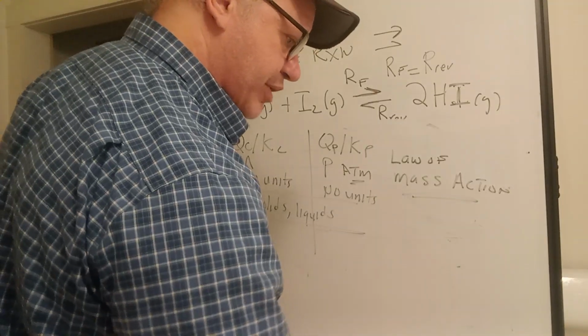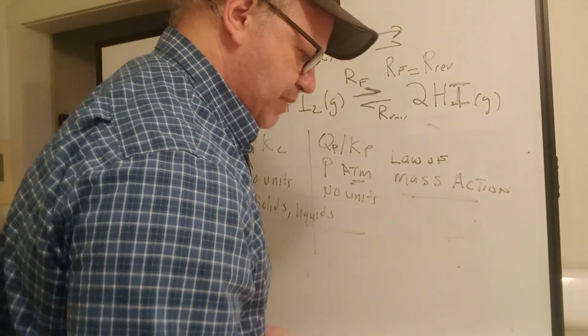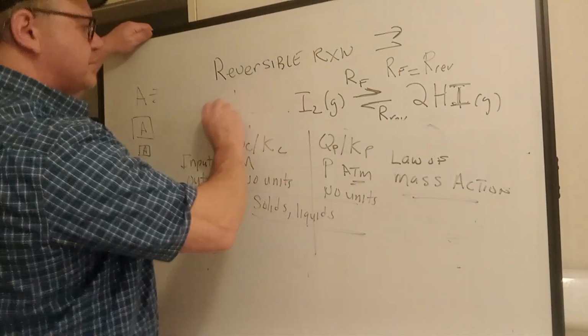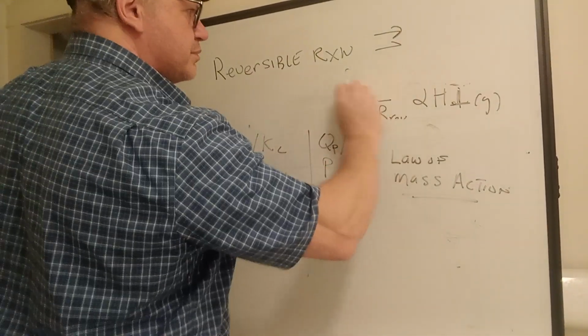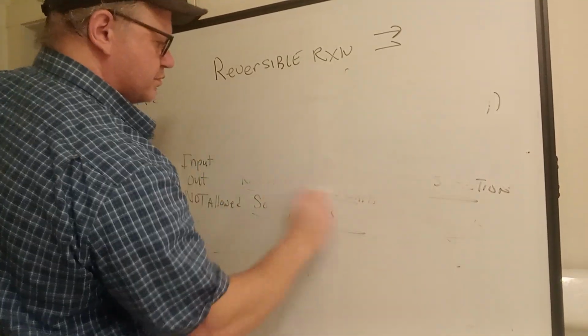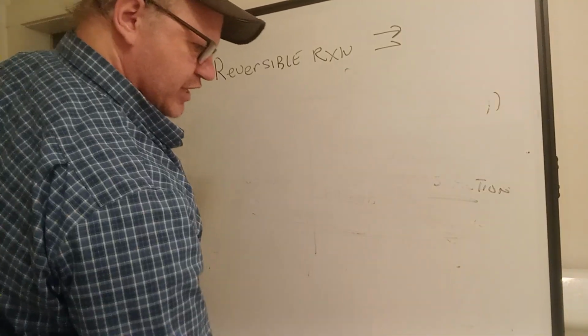Let's give an example where you can see that real clearly, because solids and liquids not going in always seems to get people. I've put this on a test before and people get it right.